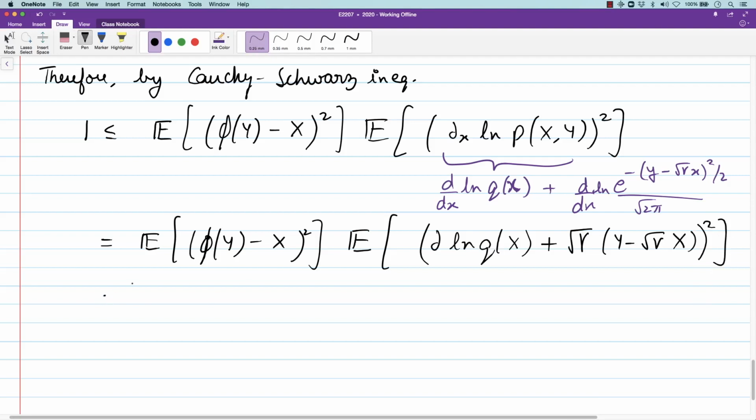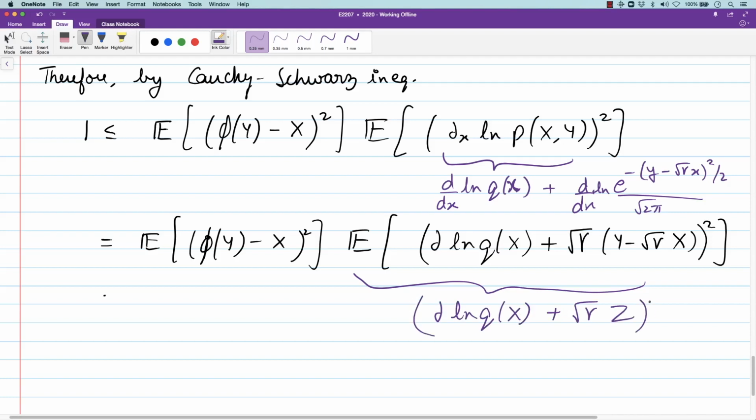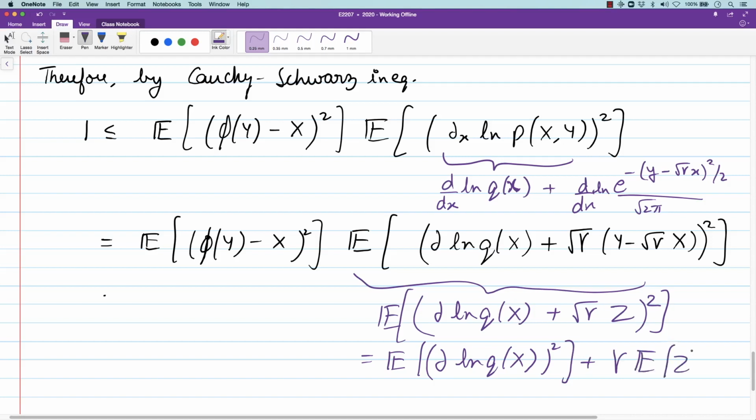So once again, if we just look at this quantity here, this is the derivative of log q(x) plus root gamma z, the noise, whole square. But x and the noise are independent. So this expected value here is equal to the expected value of this q'(x) whole square plus gamma times the expected value of z square.